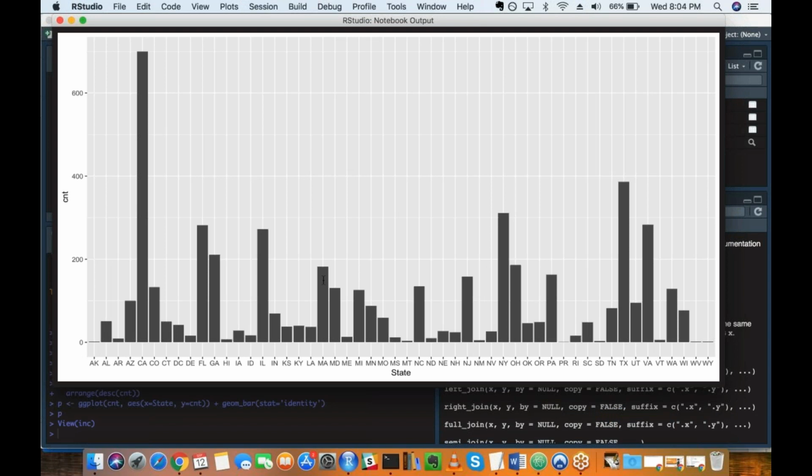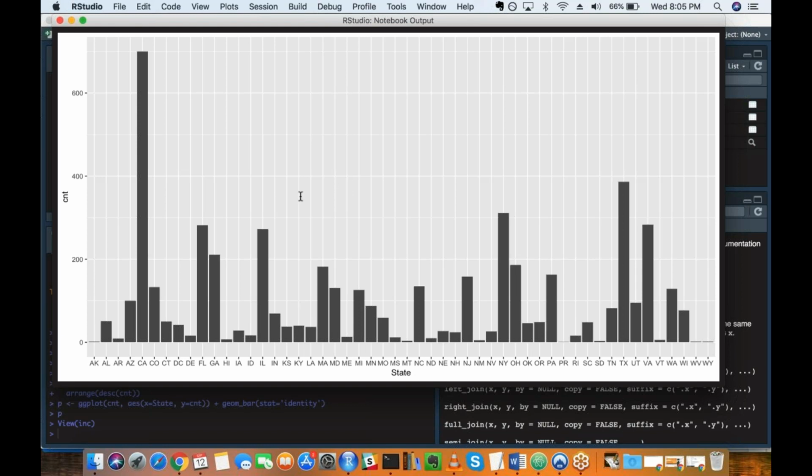Just looking at the number of companies per state, and this is really just meant to be the initial exploratory look at this. So something like a bar chart, if you're just simply looking at a count of categorical data, a bar chart is really the way to go with something like that.